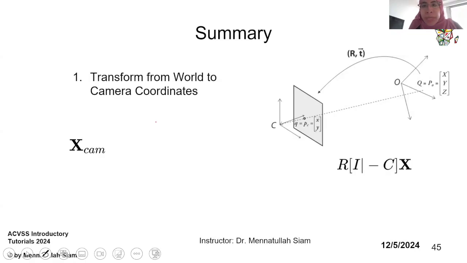We mainly go from world to camera coordinates, and we always use the inverse of the transformation. Remember, I'm transforming the coordinate system, so I'm using the inverse of the translation and the inverse of the rotation in order to have all the points with respect to the new coordinate system. So now this is going to camera coordinates.